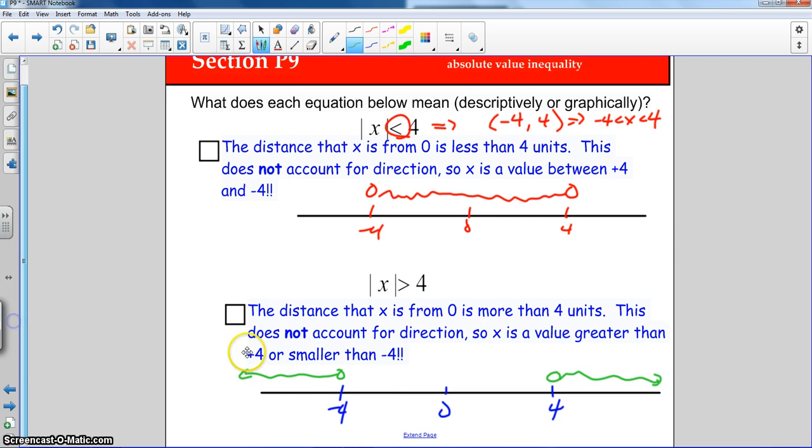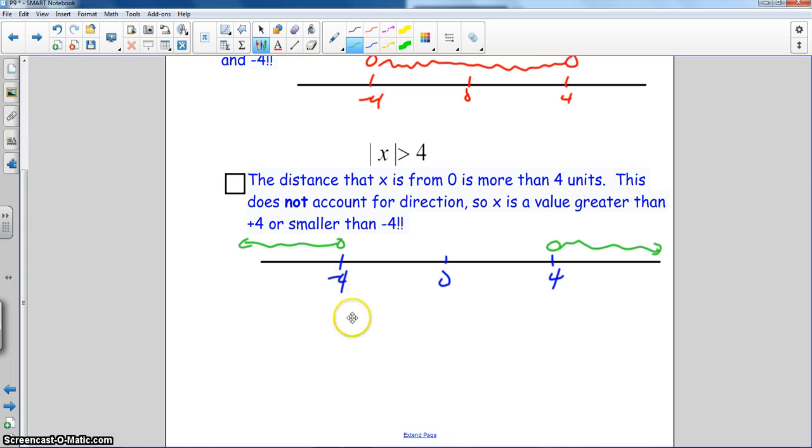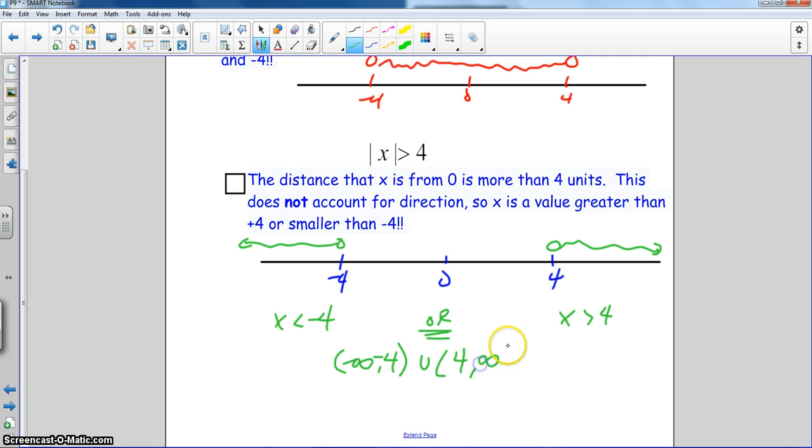And from this case, we end up getting either x is more than 4, which is this case over here, so I'll move that, or we get x is less than -4. And remember, we get the word or in between. So really what we're saying is that x is in minus infinity to -4 union 4 to infinity.